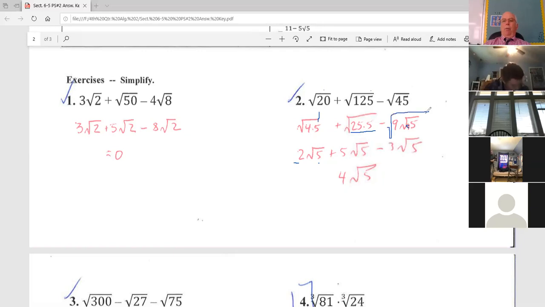There should be a 9 radical all underneath there. I see what I did. 9 times 5, right? So the 9 comes out from the radical as a 3. Now I've got three like terms here. They all have the same value under the radical. So 2 plus 5 is 7, minus 3 is 4, and there's your final answer.